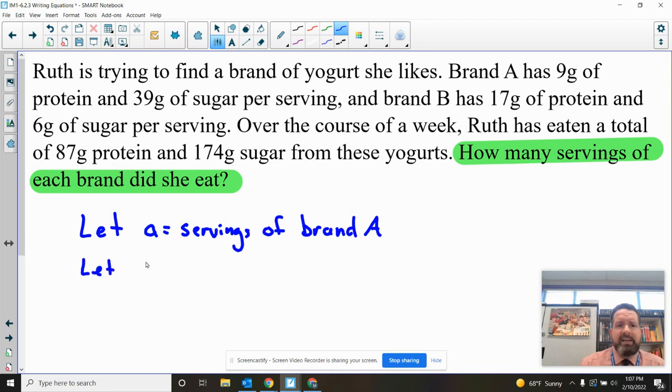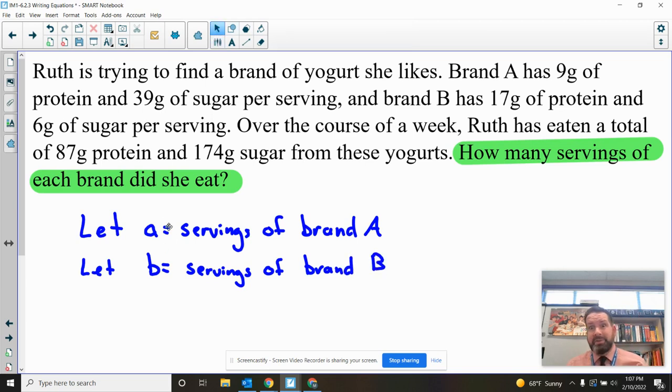Next, let's define a second variable. How about B for these servings of brand B yogurt? Once again, we're choosing these as our variables by looking at this last question. How many servings were there? That's what we don't know. That's what the variables need to be.